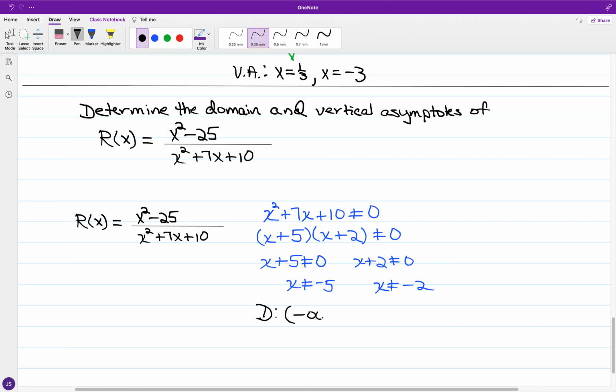And for what we have in the interval notation, so you have those values of x less than negative 5, and followed by those values x between but not including negative 5 and negative 2. And finally, we have those values x which will be greater than negative 2.